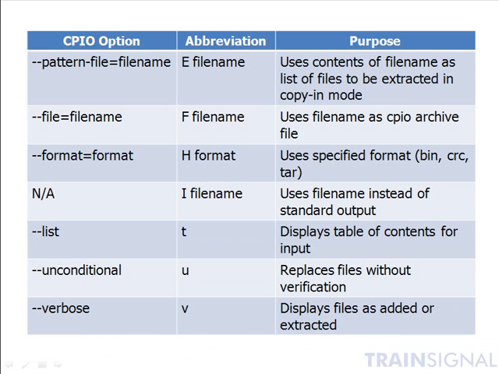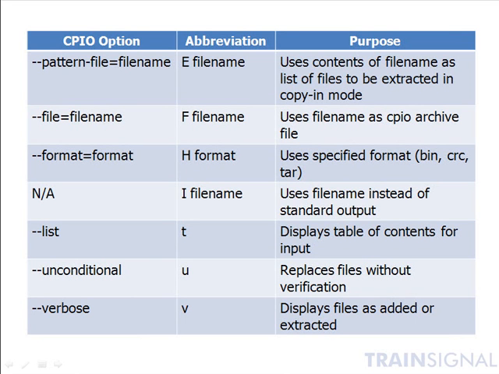Our cpio options continue with --pattern-file equals file name, and that's abbreviated with capital E space file name. And that says to use the contents of file name as a list of files to be extracted in copy in mode.